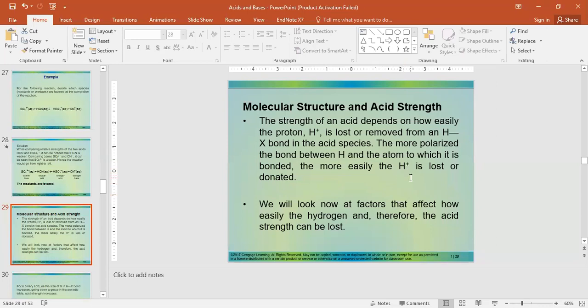And if it is almost becoming a free hydrogen ion, then it is so easy for us to lose it. And if it is easy to lose, then that particular acid is a strong acid. We also look at factors that affect how easy it is to lose this hydrogen ion, and therefore we judge the strength or weakness of that particular acid.